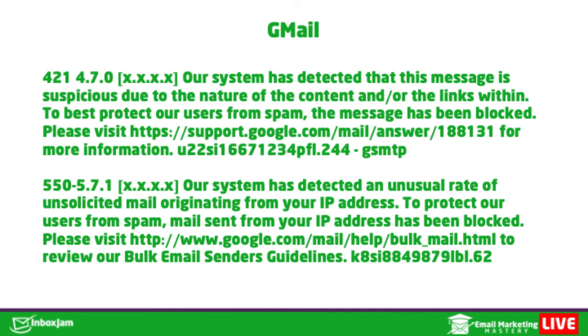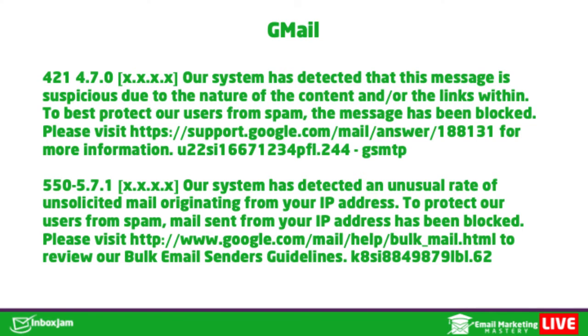Right, so here's two from Gmail. The first one, we have an error code that starts with a 4, a 421 and then a 4.7.0. And it tells you here the exact message, and Google is really good at this with their messages in their bounce logs. Our system has detected that this message is suspicious due to the nature of the content and or the links within.